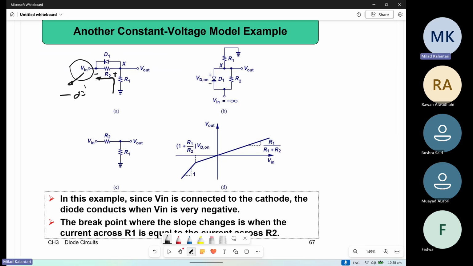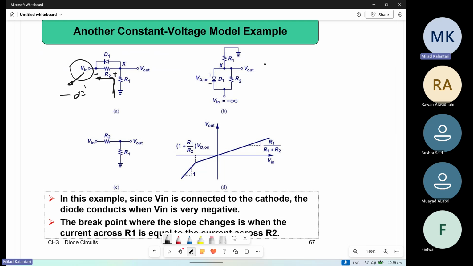You should make sure that there is some voltage that turns the diode on. In the extreme case, we know there is some voltage over the R2, and since the input is very big, it should be big enough to turn on the diode. So for very negative voltage, the diode is on, right?